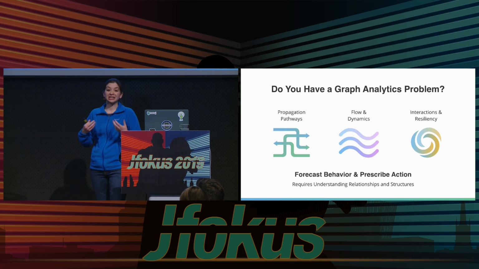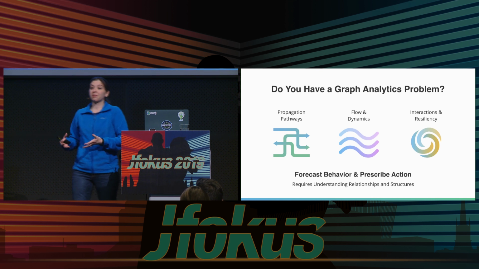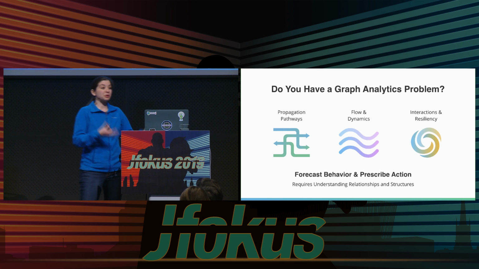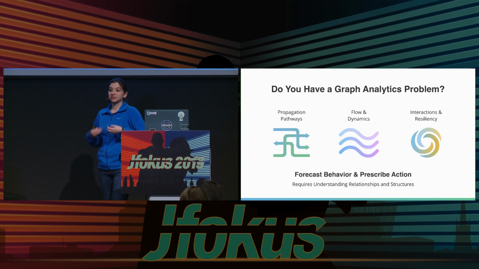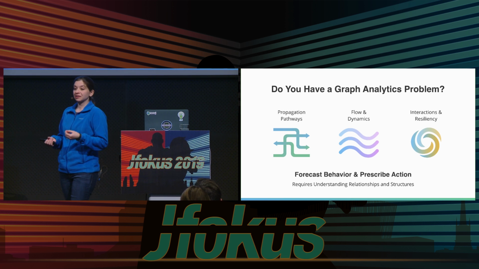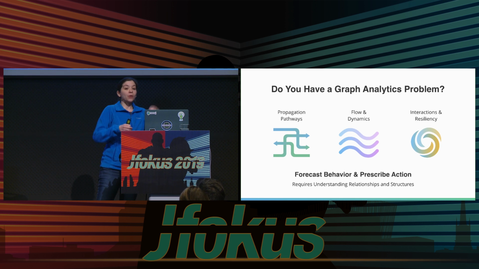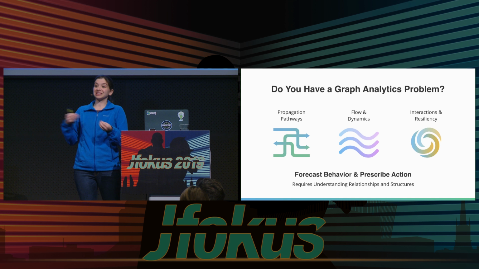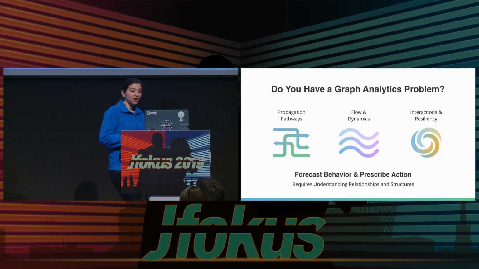Next is the flow and dynamics. So how much is your capacity? What's the flow through? What's the volume? And figure out how traffic is going through. Then finally, we have interactions and resiliency. So this looks at the groupings of your data into different communities, and then how well they pull together, or how easily it is for them to break apart, and what causes them to do that.